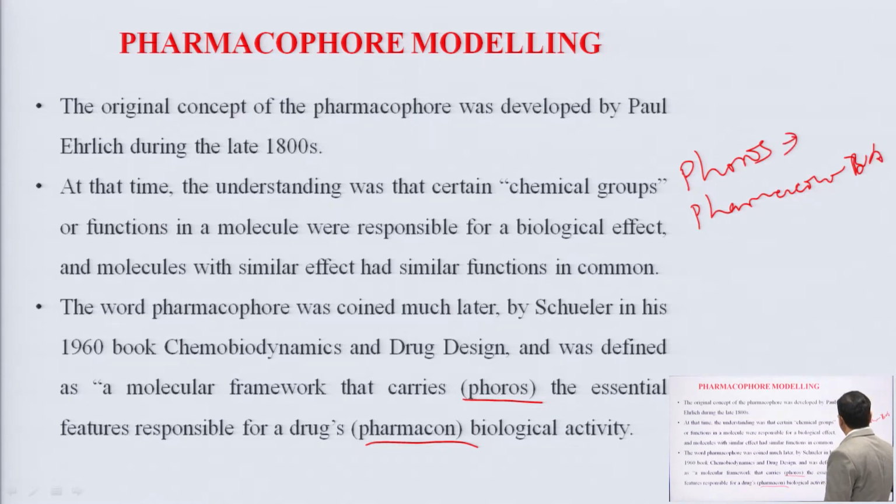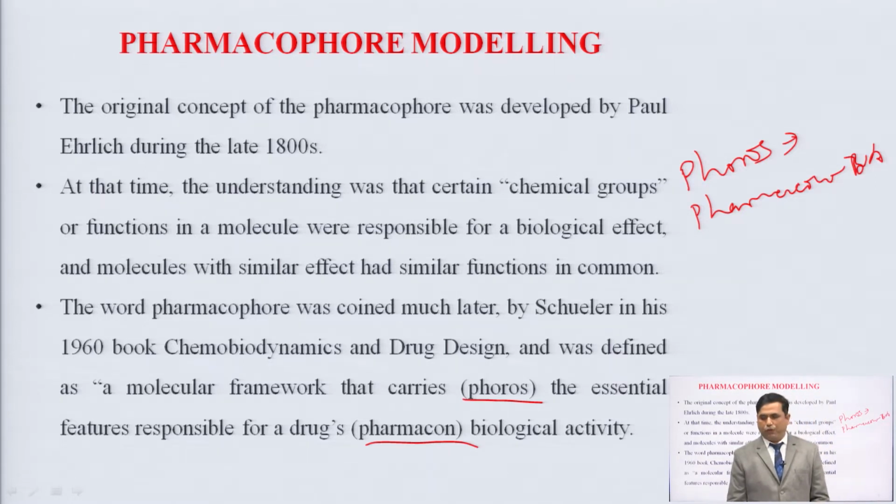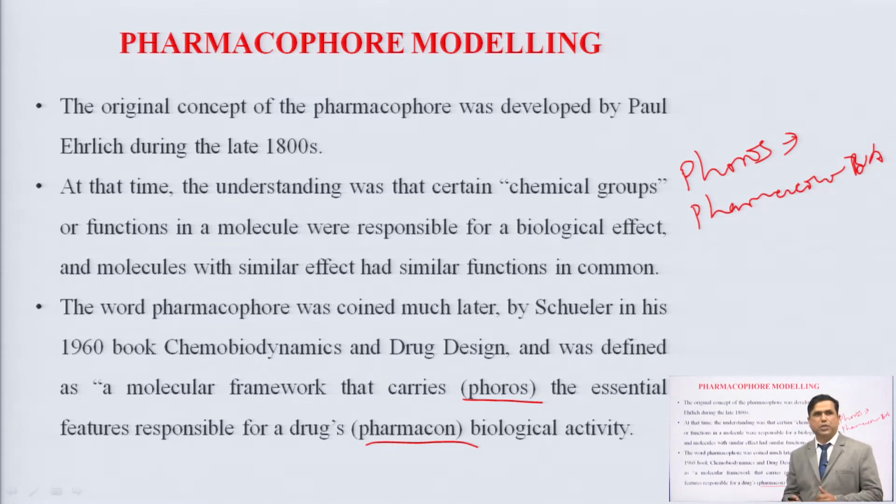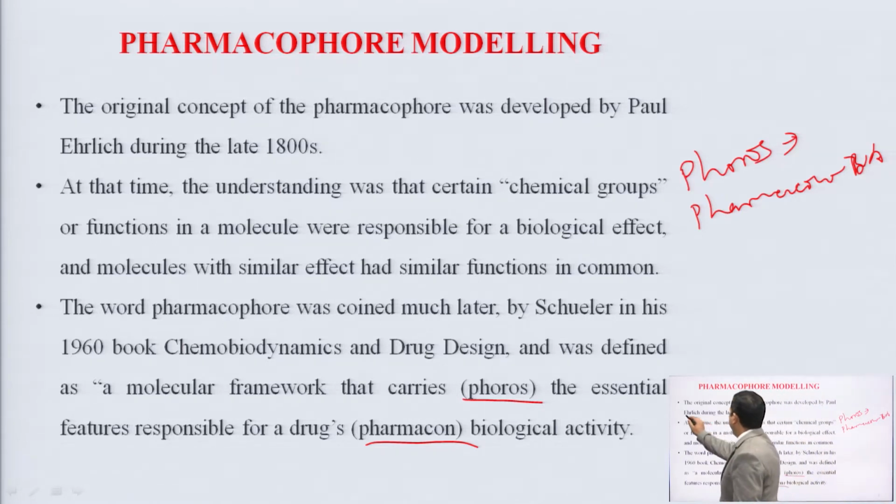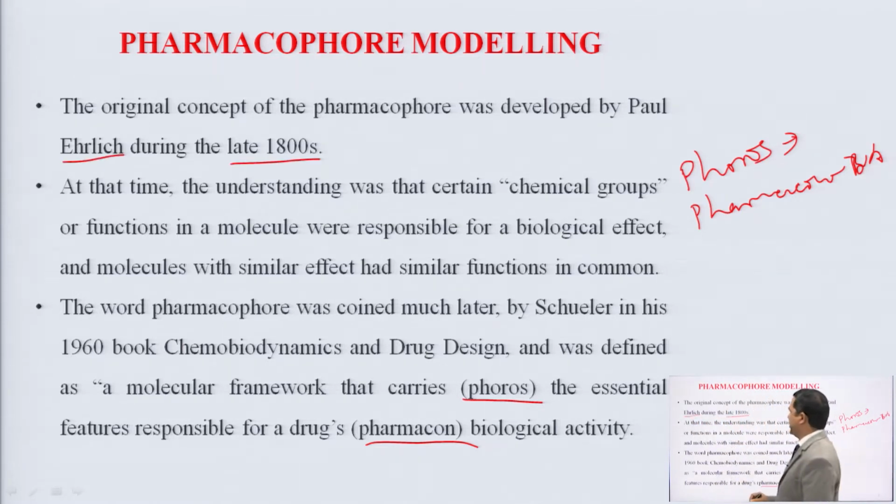So, the basic structure which is required for the biological activity is called pharmacophore, and this original concept was first given by Ehrlich during the late 1800s.